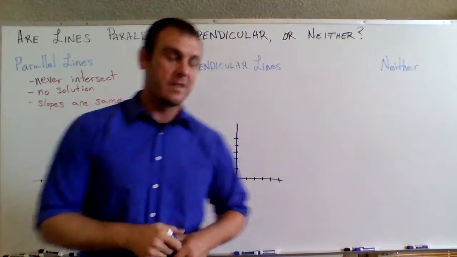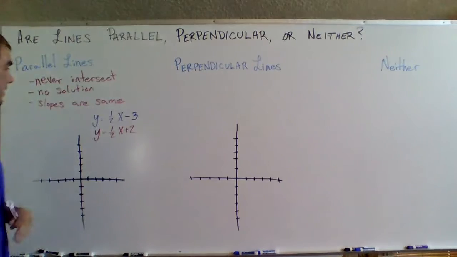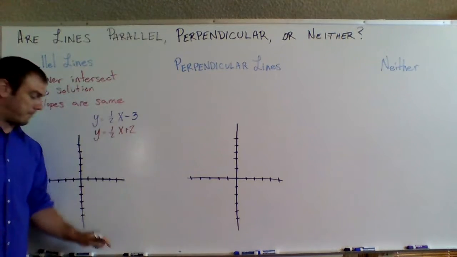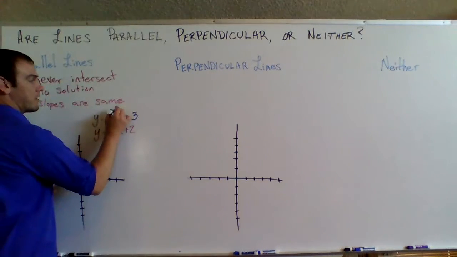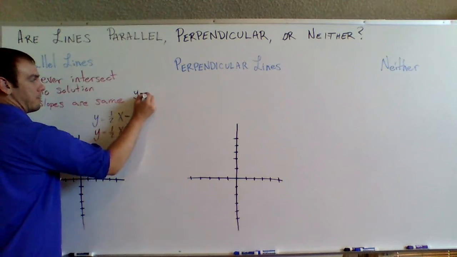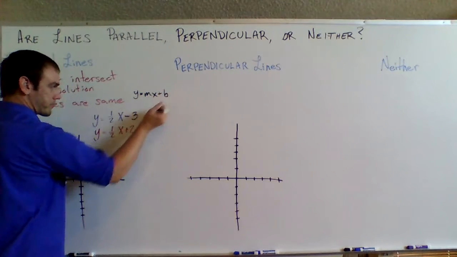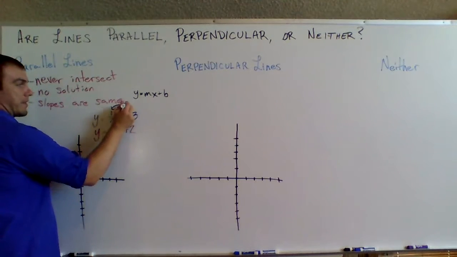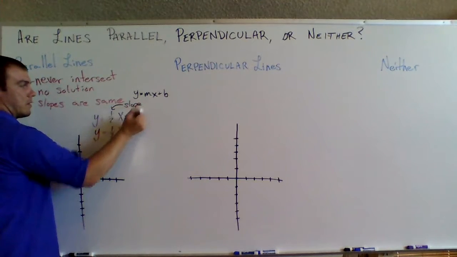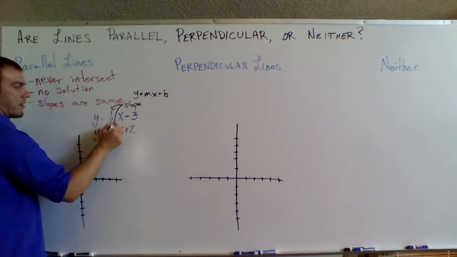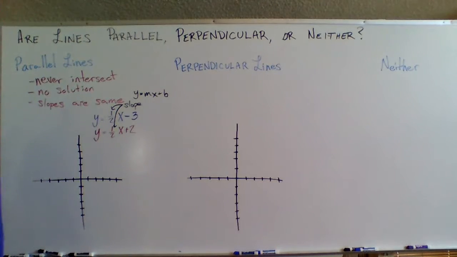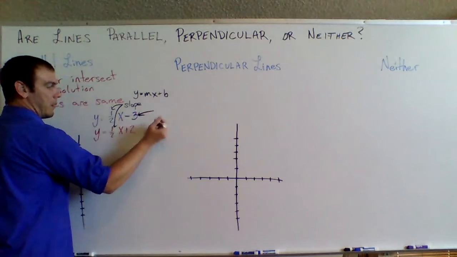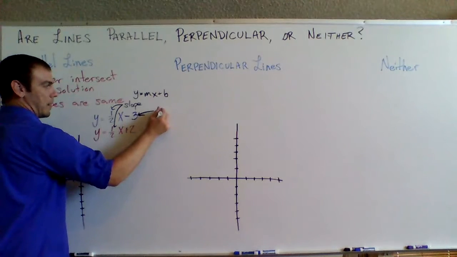Remember, this is in slope-intercept form, y equals mx plus b. The number directly in front of our x is our slope, so both of these slopes are the same here. The number all the way in the back is our y-intercept.